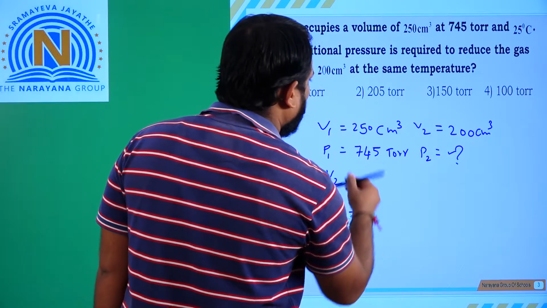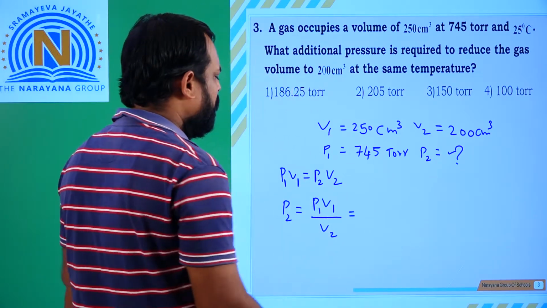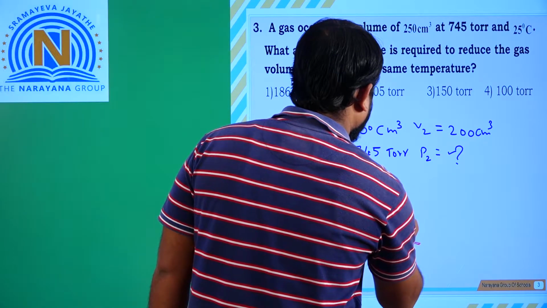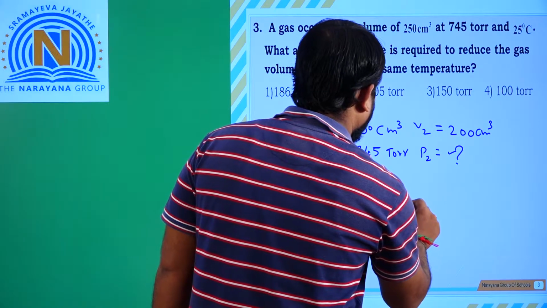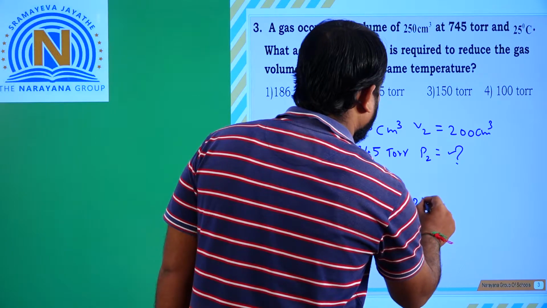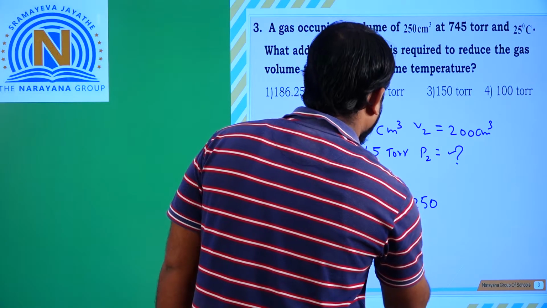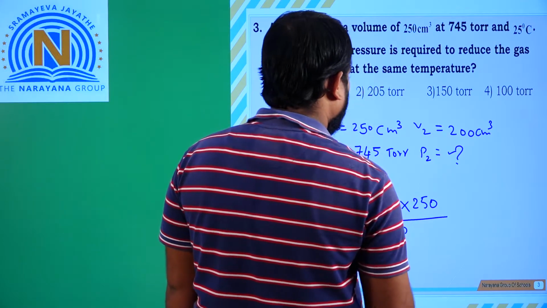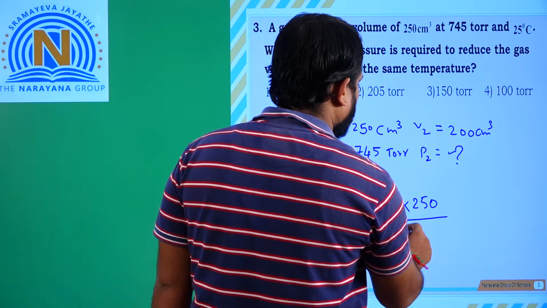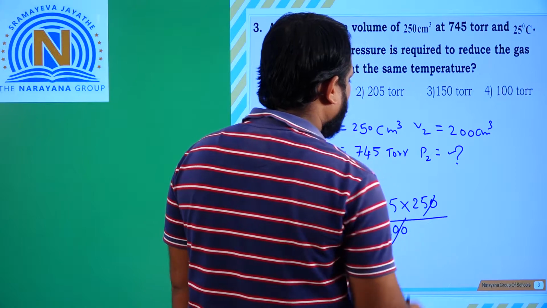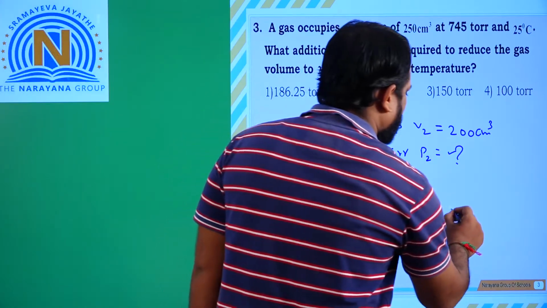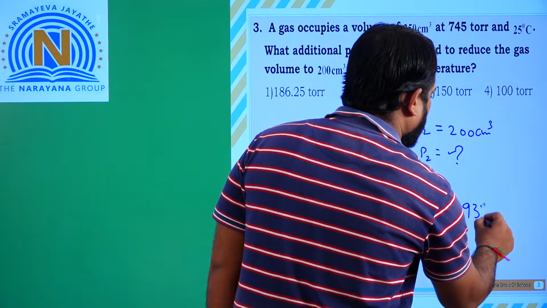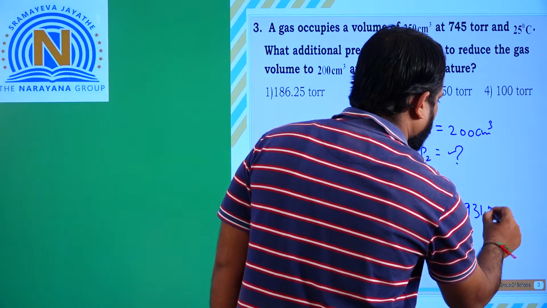Substituting all the values: 745 into V1, 250, divided by V2, 200. Simplifying, we get 931.5 torr.